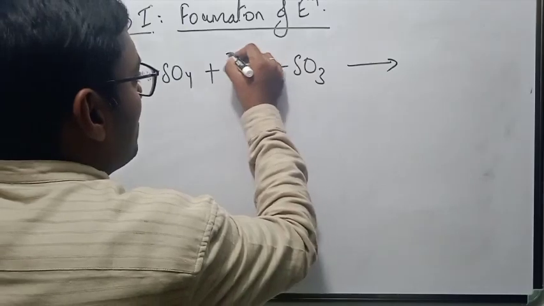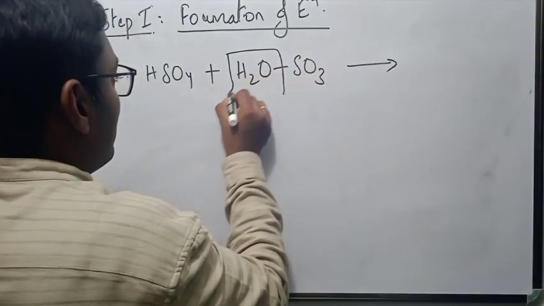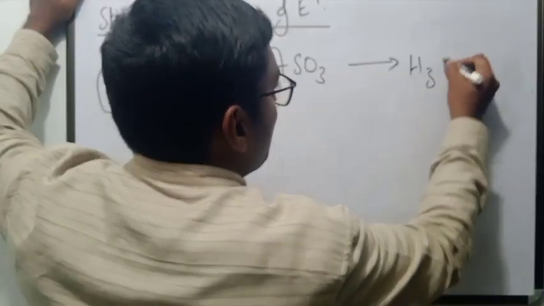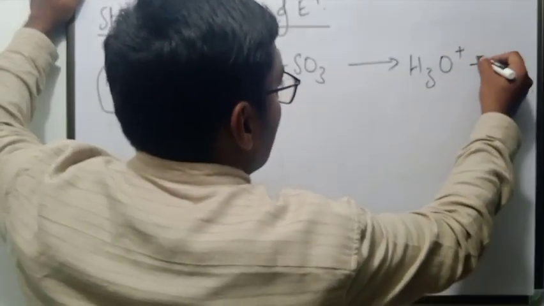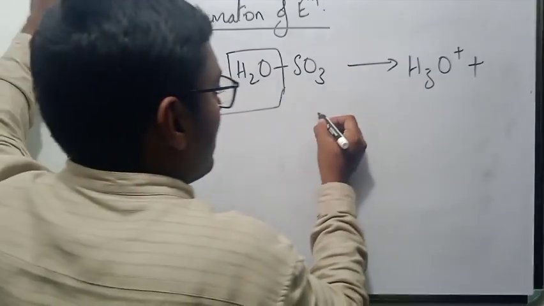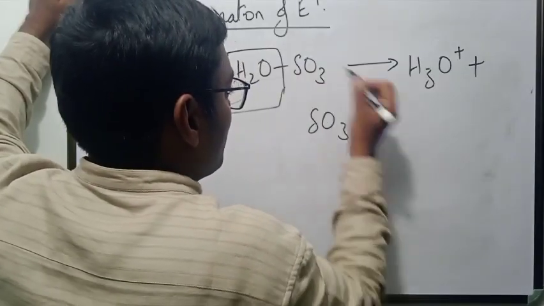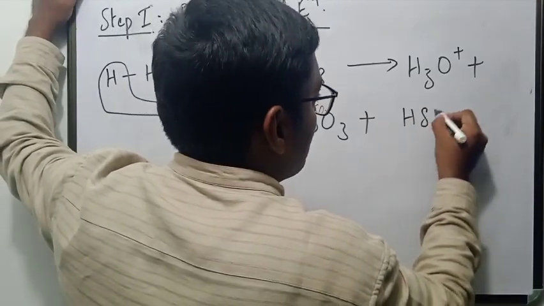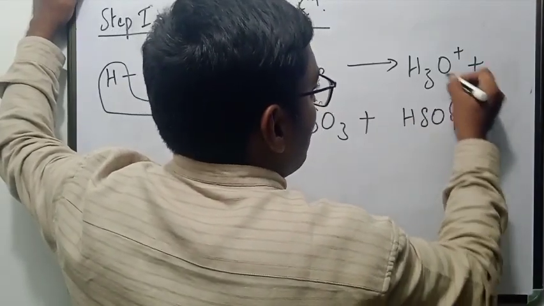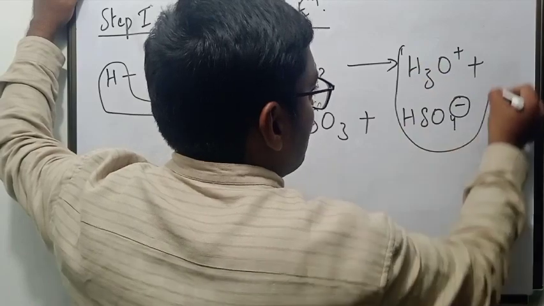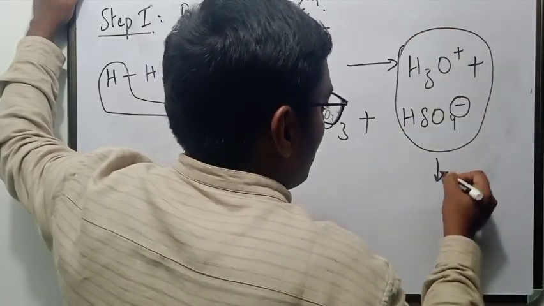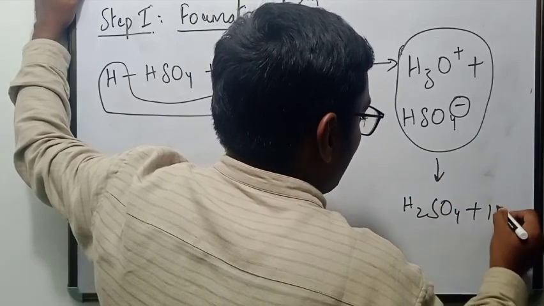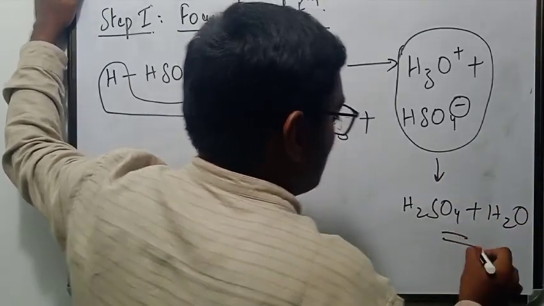So this would combine with this and they become H3O plus, and we get SO3, sulfur trioxide, and we get HSO4 minus. Now these two combine to give H2SO4 and H2O. We are not bothered about this.